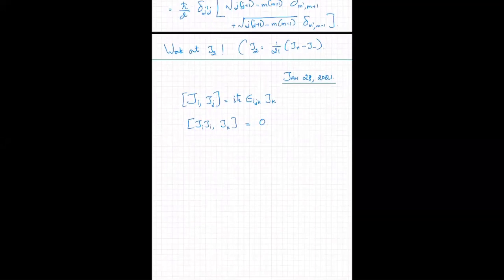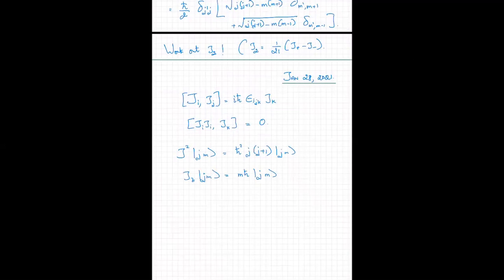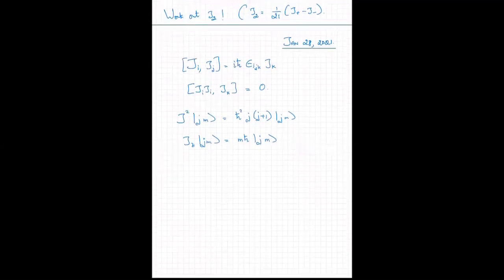In particular, we started with the eigenvalue equations for J² and Jz, and we showed that the eigenvalue of the J² operator is ħ² j(j+1), and the eigenvalue of Jz is mħ, with the same eigenkets |jm⟩, which are the simultaneous eigenkets for J² and Jz.